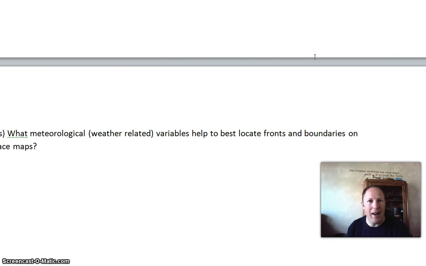I don't want to know about land areas, tree lines, or roads, or some people in the past have used lakes and rivers to describe this. None of that makes any sense for what we're looking for. We want weather-related variables. What are those that help us find and define boundaries and fronts?